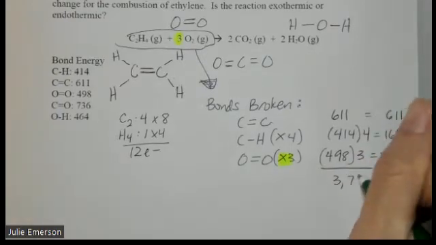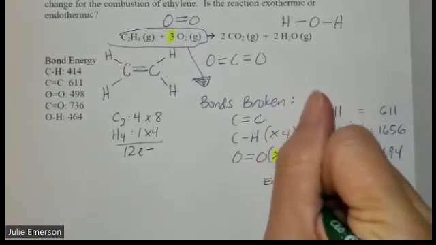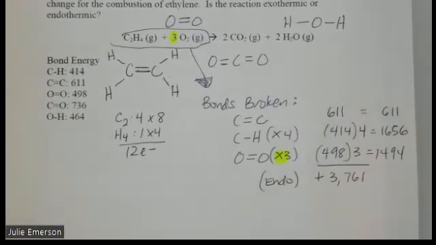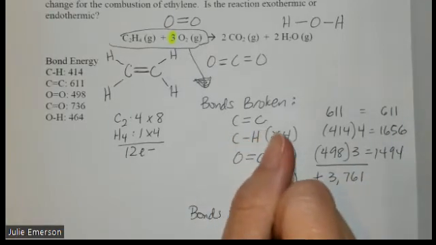So 3,761. And this is positive. This is endothermic because all of those bonds have to be broken. That's the energy I've got to put in to even get this reaction to go. I've got to get up that hill, break up all those bonds before I can start releasing energy as I form new bonds. All right, so now let's look at the bonds that are formed.